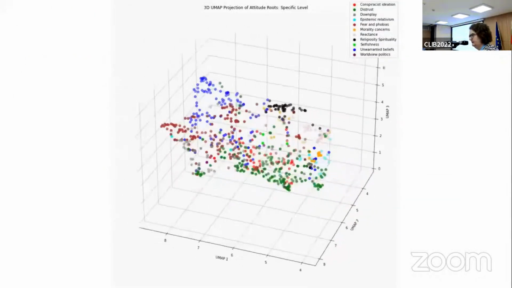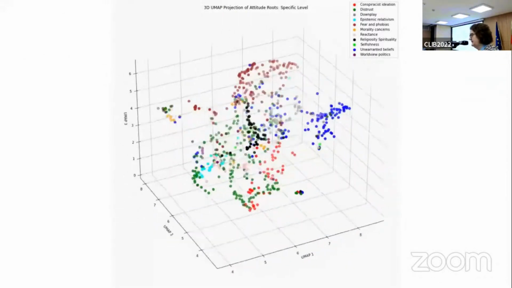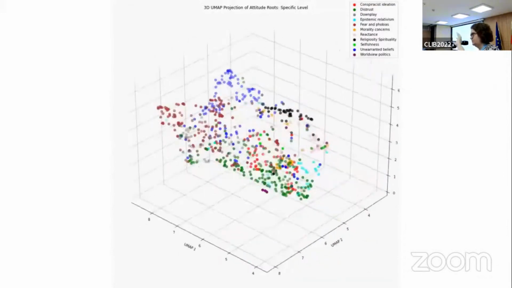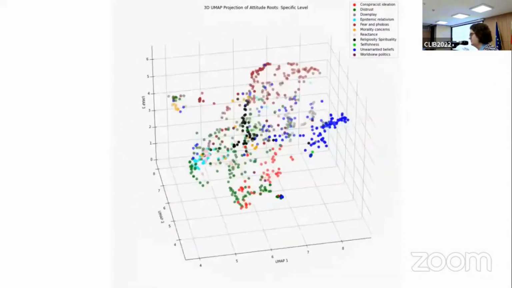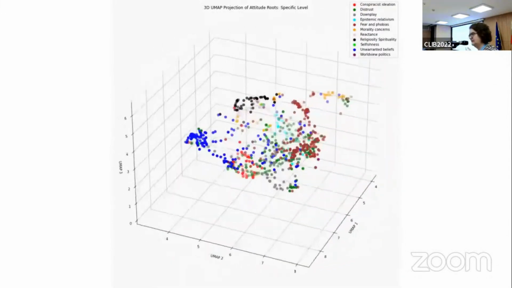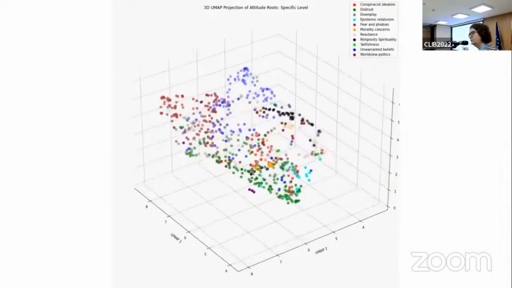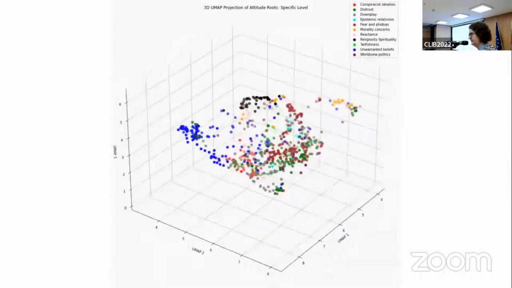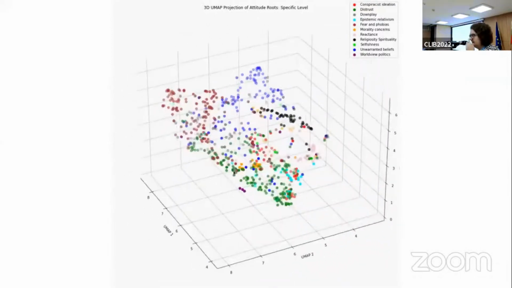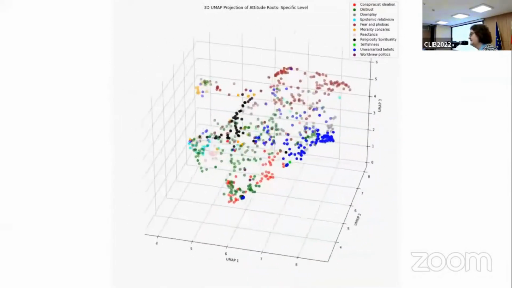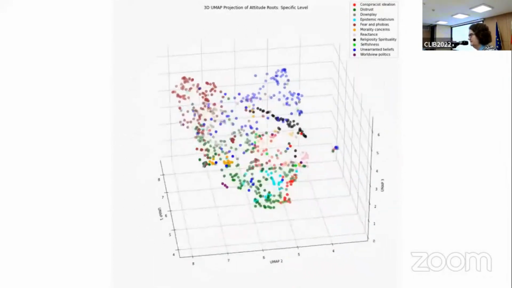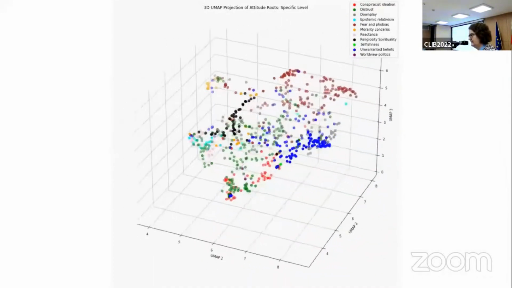And this graph shows that despite quite a rather nuanced annotation scheme for these 12 attitude roots, which are not easy to identify, so the coding of the data can only be performed by experts in psychology, not by lay people like crowd workers, we can see that our models can separate the roots pretty well in this 3D visualization space.